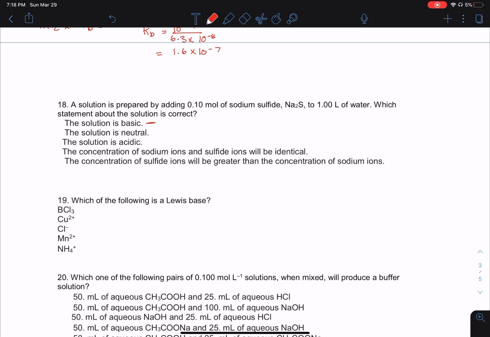Na2S is the salt of NaOH plus H2S, which will give us Na2S plus H2O, right? So this is a strong base, NaOH, right? And this is an acid, and they'll give us a salt, Na2S, okay?